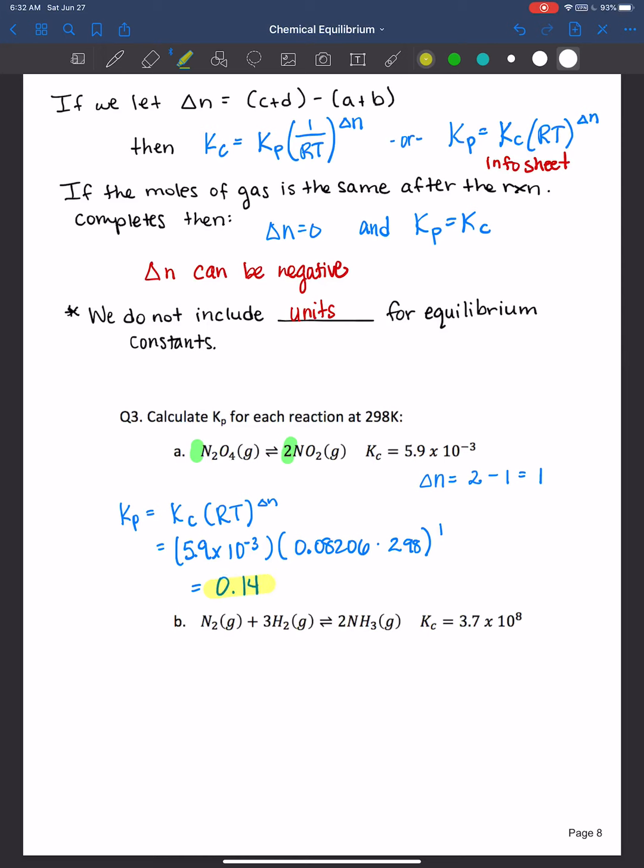as your final answer. Now, based on the Kc and the Kp, what does this say about this particular equilibrium equation? Does it favor products or does it favor reactants? Excellent. It favors reactants. When you have an equilibrium constant less than 1, then reactants are favored.